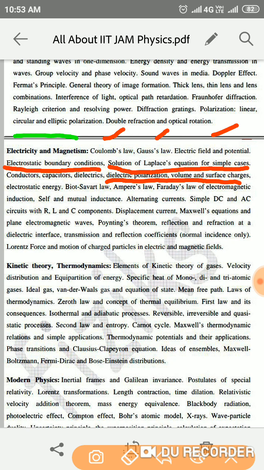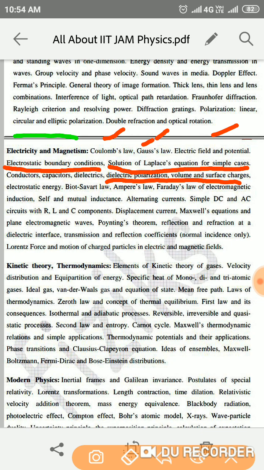and all that. And one thing more, I want to say that you should be comfortable with the equations, like Gauss law, you should be comfortable to write it in integral form as well as differential form.